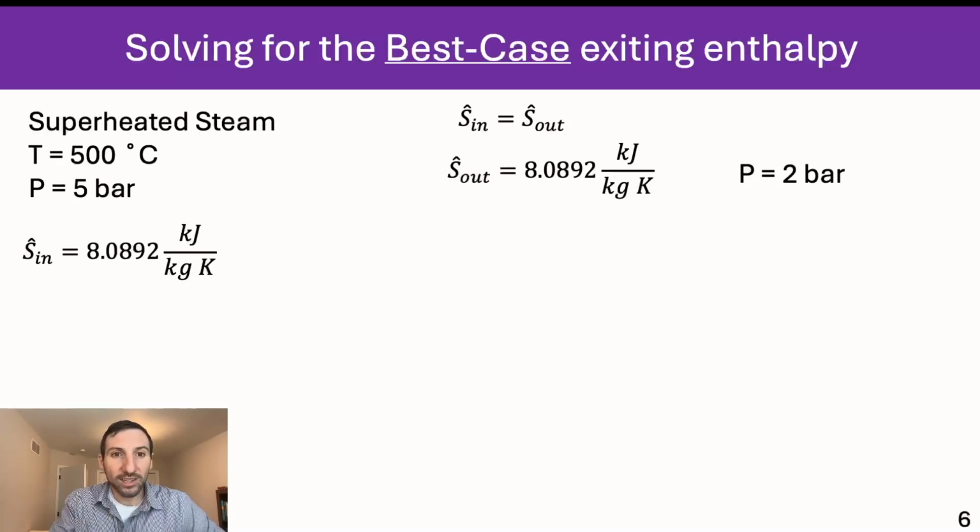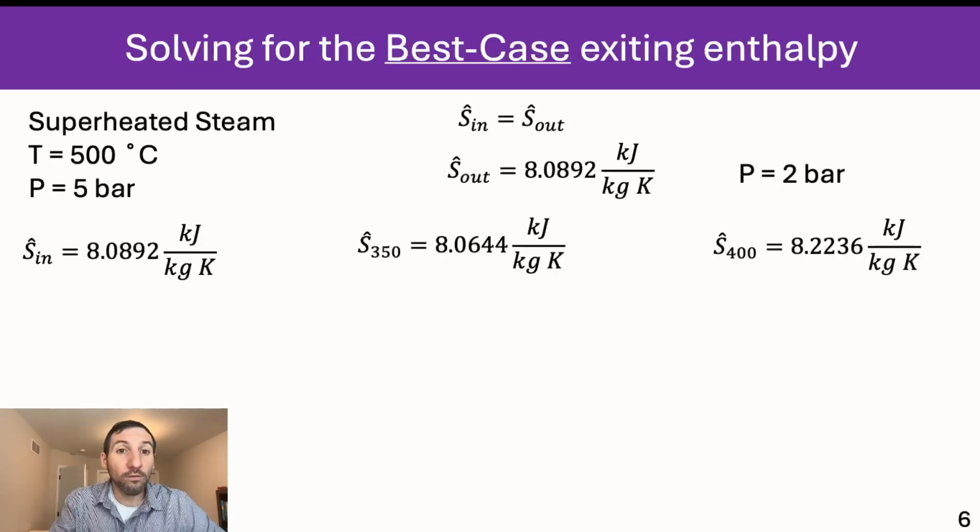So we have to look at our steam tables and scan through the steam tables to find what's the appropriate range for our outlet entropy. And if you look through, what you'll see is that it's going to be superheated steam, and it's going to be between 350 and 400 degrees Celsius. You see that those two entropies are going to cover the range in which our outlet entropy is going to be in. And now that we know that, we can do an interpolation to figure out the outlet enthalpy.